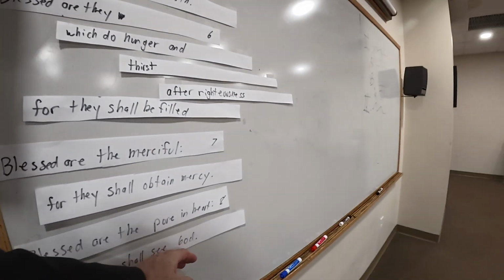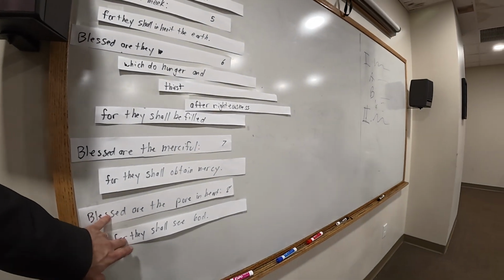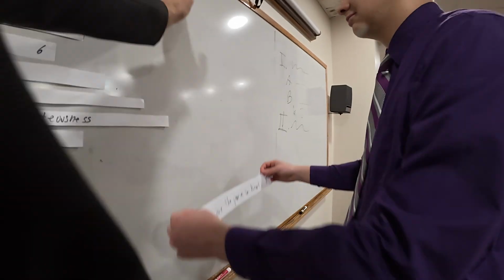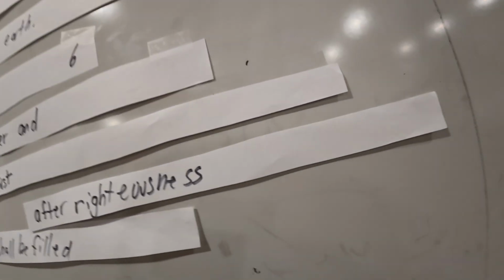So we'll take a look at this. For they shall see God. So the prepositional phrase that's completing the first one. Why don't we start a new line over here? We'll just pretend this continues the page. And using my dry erase marker, put this right here.